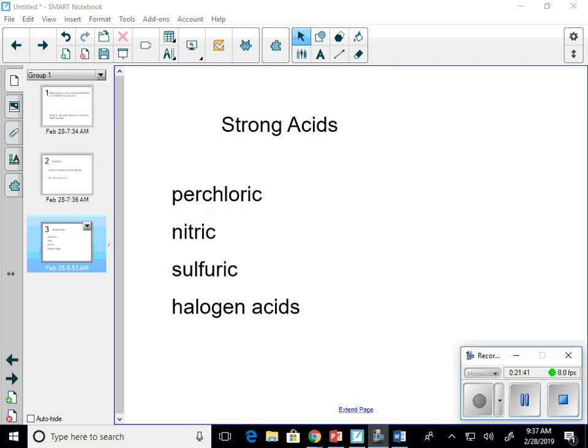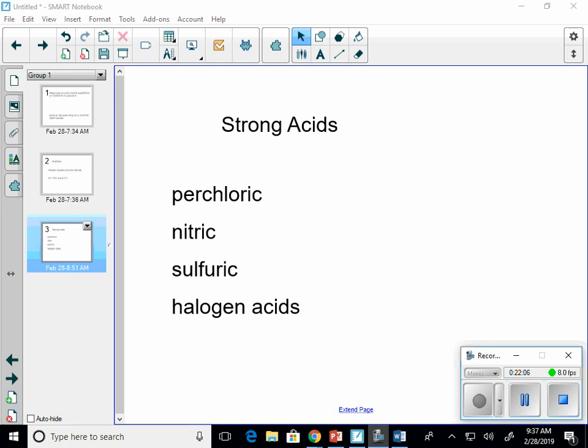Now, phosphoric acid is sometimes considered to be strong, sometimes not, depending upon where you look. So heck, if you just Google online strong acids, sometimes H3PO4 pops up, sometimes it doesn't. So that's why I left it off this list. And then the halogen acids. Anything except for HF is going to be a strong acid, again, because that bond length is long, easy to break. So I wanted to kind of go over that.